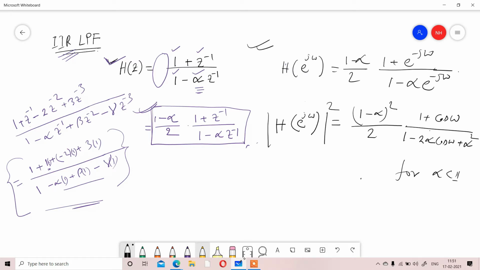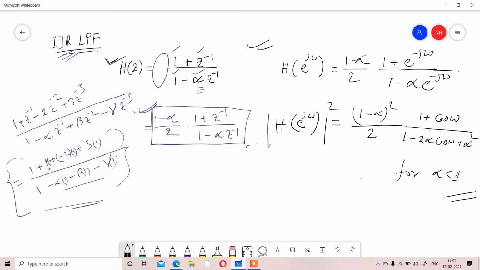Okay, so that will be your magnitude squared value.